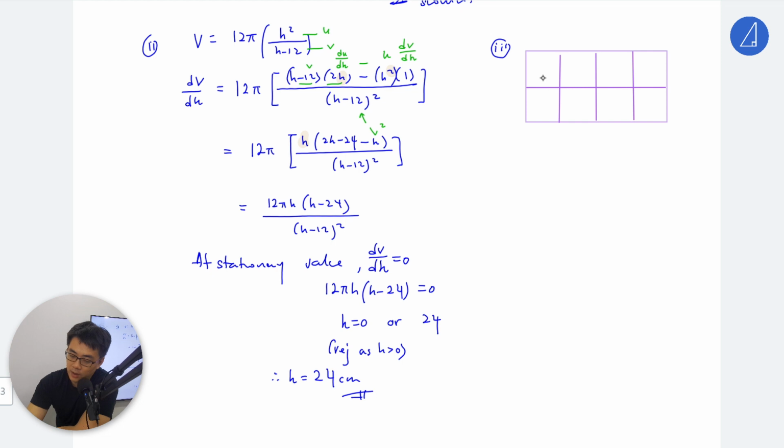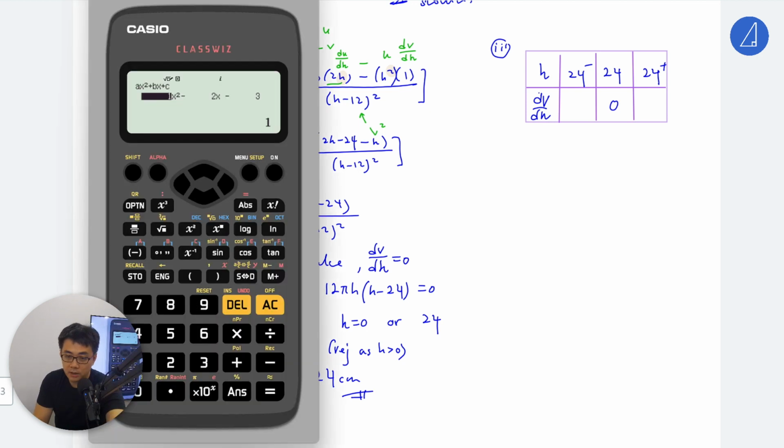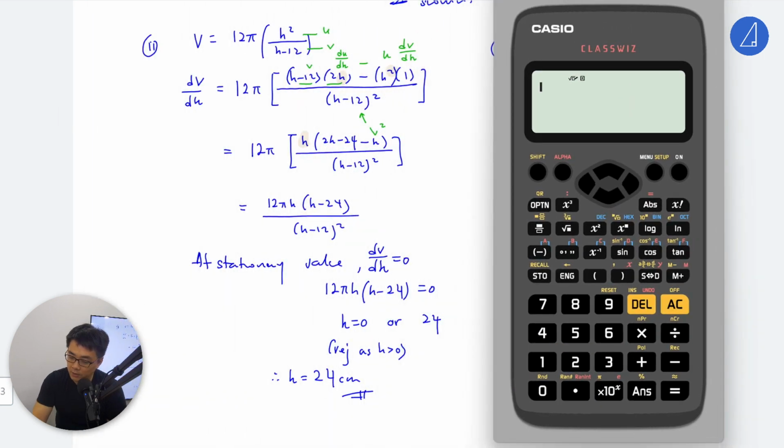In this case here, H 24 plus and 24 minus, dV/dH. This is 0. This is complicated, so I'm just going to use dV/dH, first derivative test. It's a value of the derivative. So what you do is you key this. Remember how we key in, right?